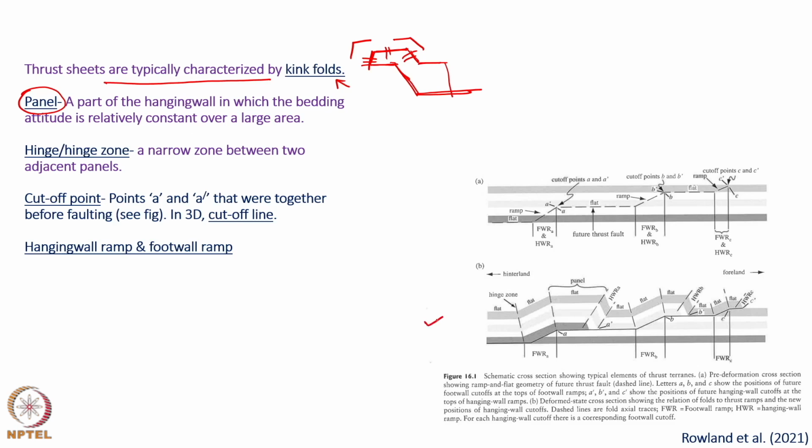Let us consider this thrust belt. Here one panel has been defined within this, where the bedding attitude is relatively constant and here it is horizontal.